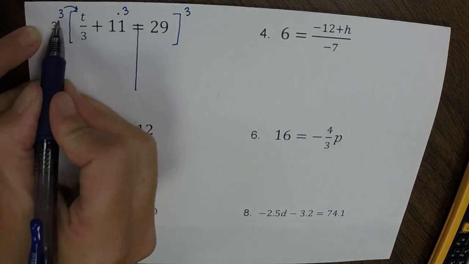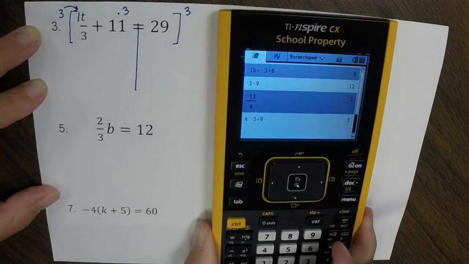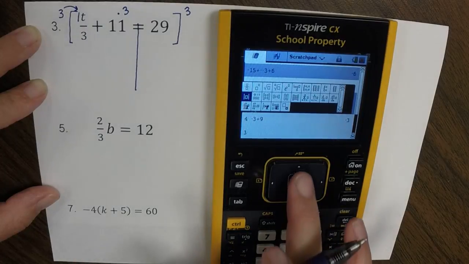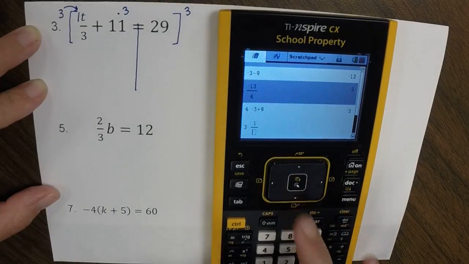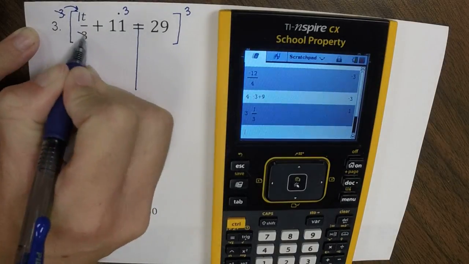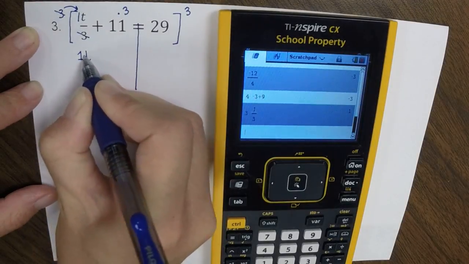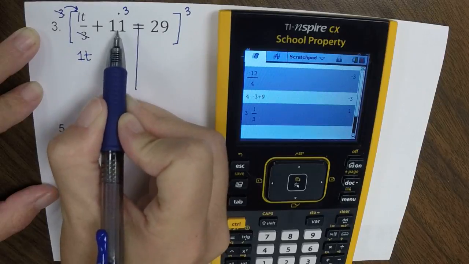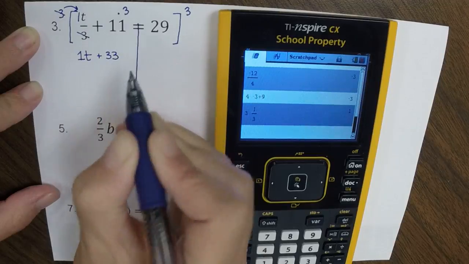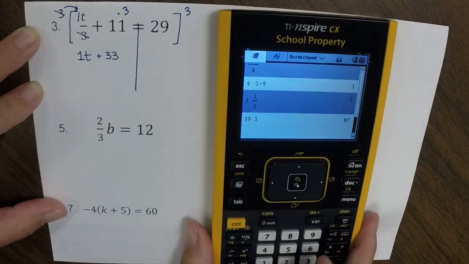So over here, this is 3 times, remember there's a 1 right here, 1/3. Hopefully that cancels. So 3 times, parentheses, 1/3. If we did it right, that should come out to be 1, which means that this and this cancel, leaving me with whatever's on top. So this is 1t. Then I have 3 times 11, which is 33. And then on the right side, I have 29 times 3, which is 87.